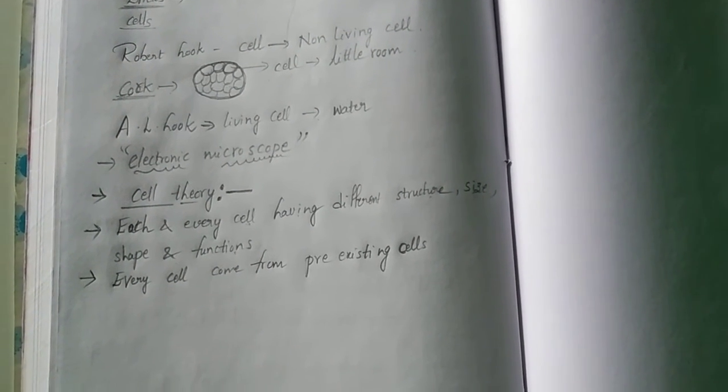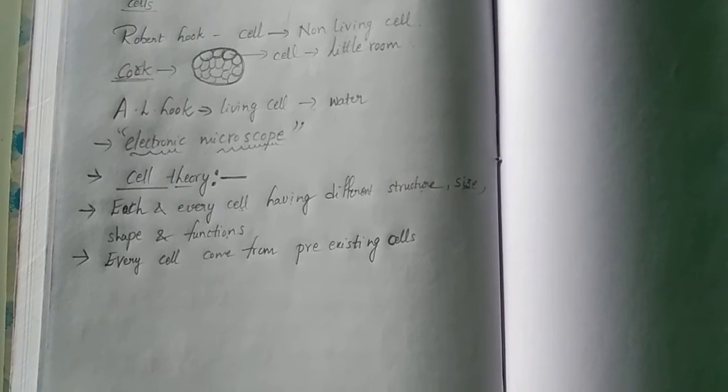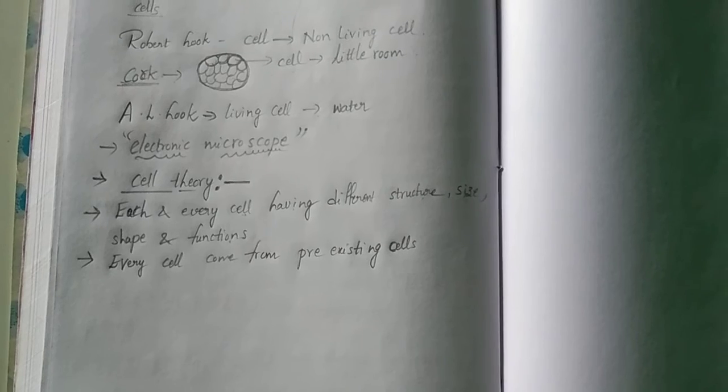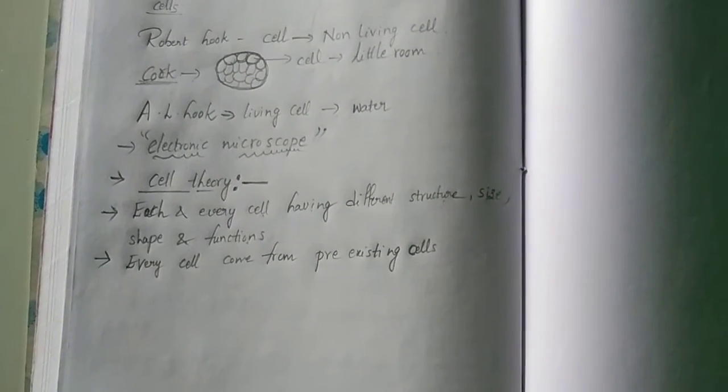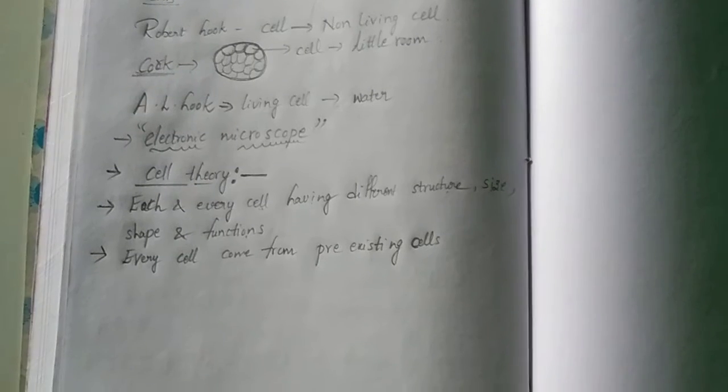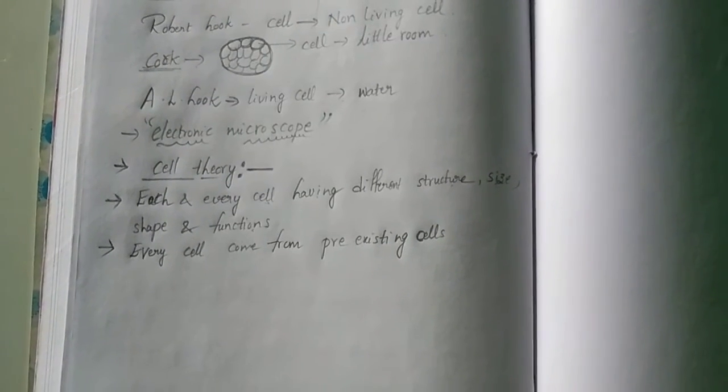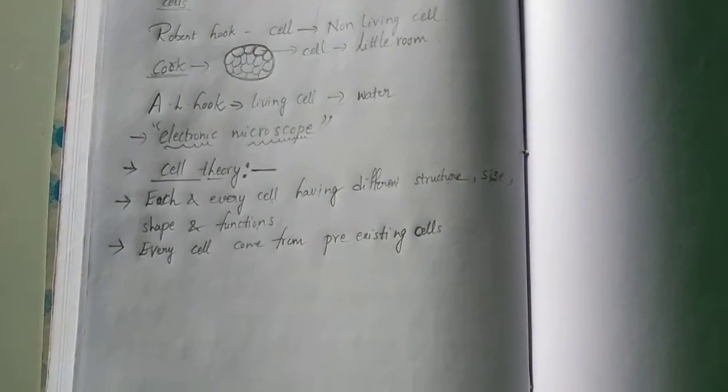So with the help of old cells, they are coming. Every cell cannot be made by themselves. They are made from the pre-existing cells or old cells itself. So we have to understand this from the second point.